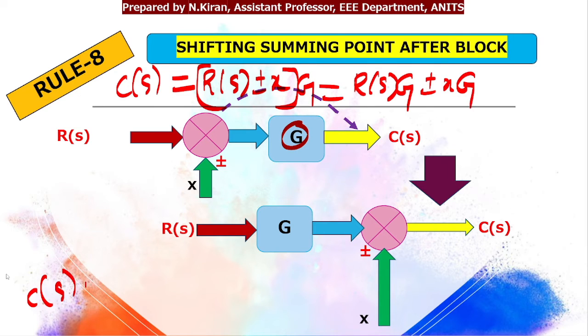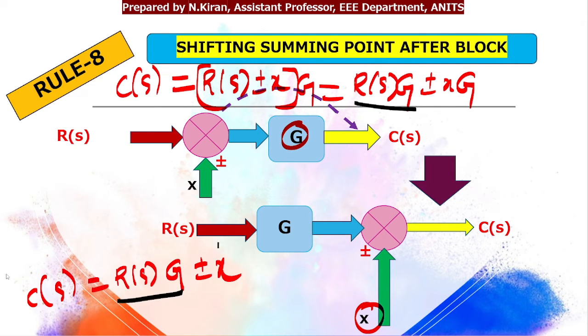In this case, C of S will be R of S into G, and that is getting added plus or minus X. As you can see, the first term in both the cases is the same, R of S into G. Here I have X into G, and here I have only X. So the second term needs to get multiplied by G. In order to shift the summing point after the block, I need to take my summing point with the gain of the block G.